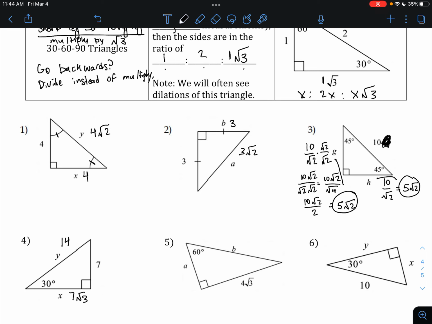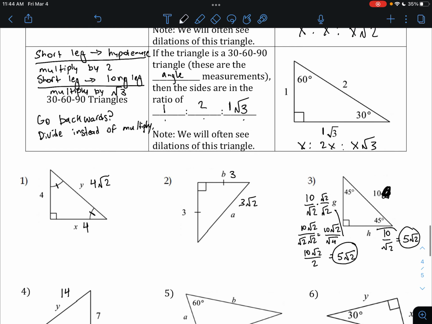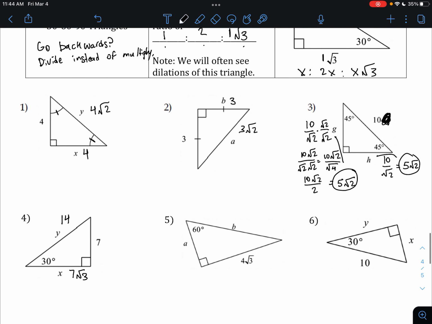Number 5 works pretty similarly, but in this case, we're starting from our long leg. And I don't have a process going directly from long leg to short leg, but I can go backwards using this process. So instead of multiplying by a square root of 3, I'm going to divide by the square root of 3.